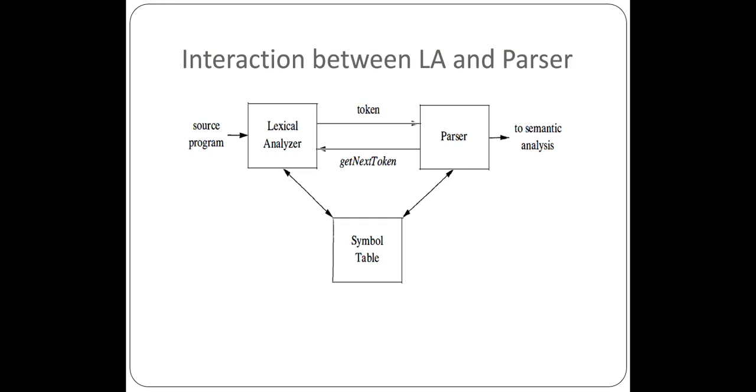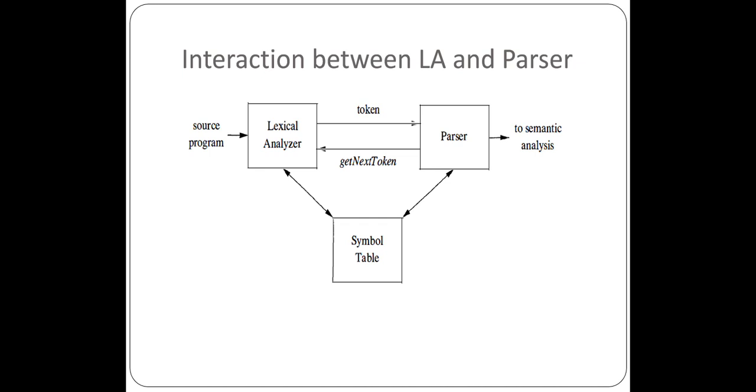Whenever the source program is fed as an input to your lexical analyzer, it scans the entire source program and feeds some information into the symbol table. So it scans all the tokens from the source program and stores that information in the symbol table. At the same time, the parser needs some tokens to construct the parse tree.